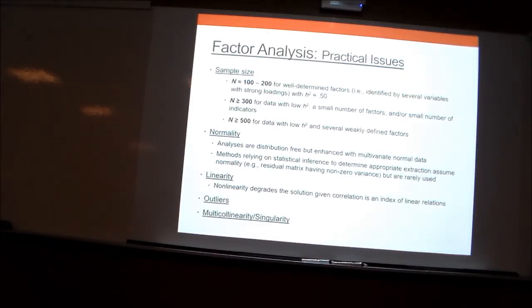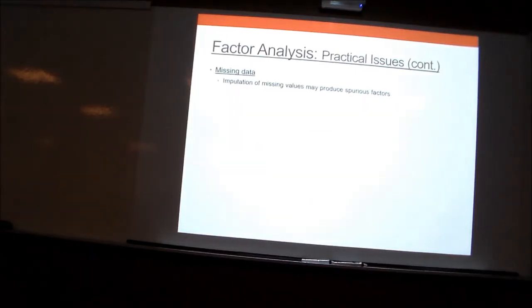Linearity is an important thing because these analyses are run off a correlation matrix. Our correlation matrix is assuming linear relations between data, and if item 1 and item 4 have a curvilinear relationship, it's going to degrade the estimation of that relationship. It's going to say they're correlated very poorly, when they're not. They're just related in a nonlinear fashion. So linearity is something you want to take a look at, along with outliers and multicollinearity.